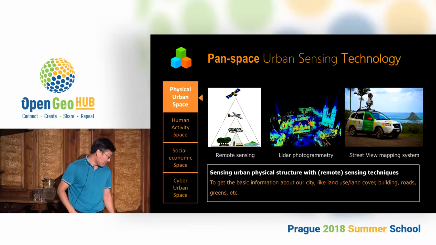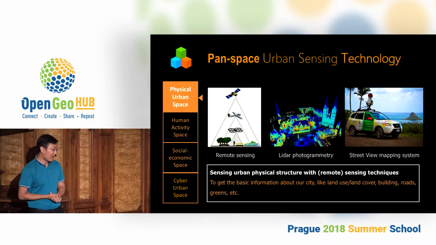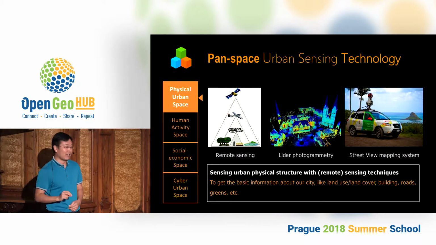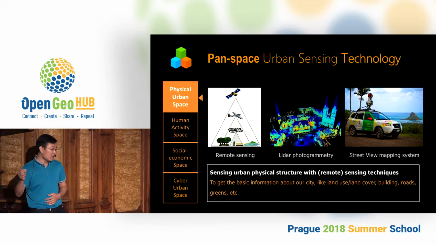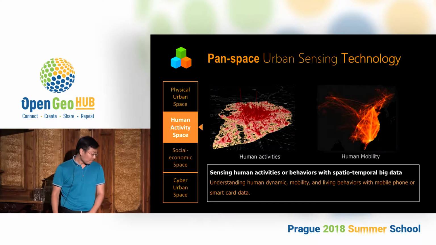I will introduce them. First is the physical urban space. It means we are sensing the physical structures of our cities. The target is to get basic information about our city, like land use, land cover, buildings, roads, and the greens.